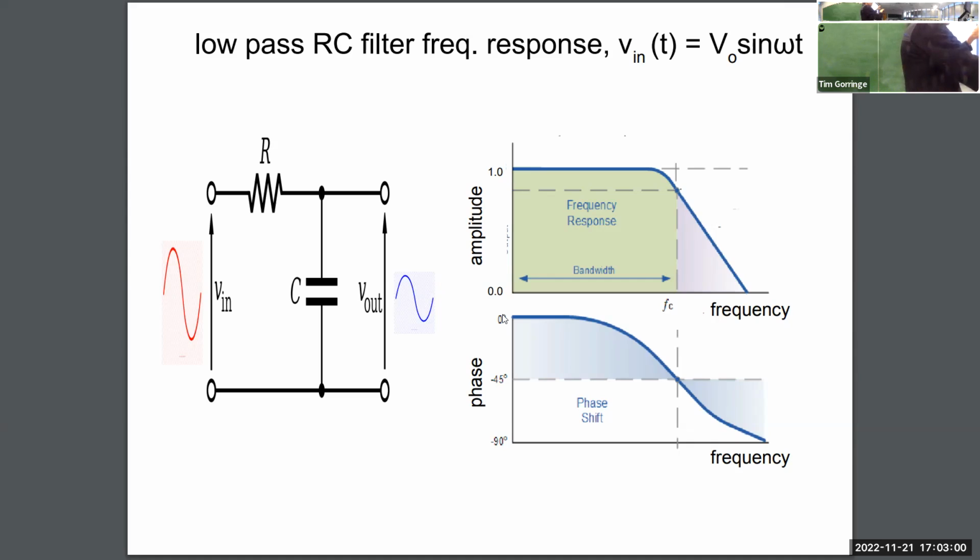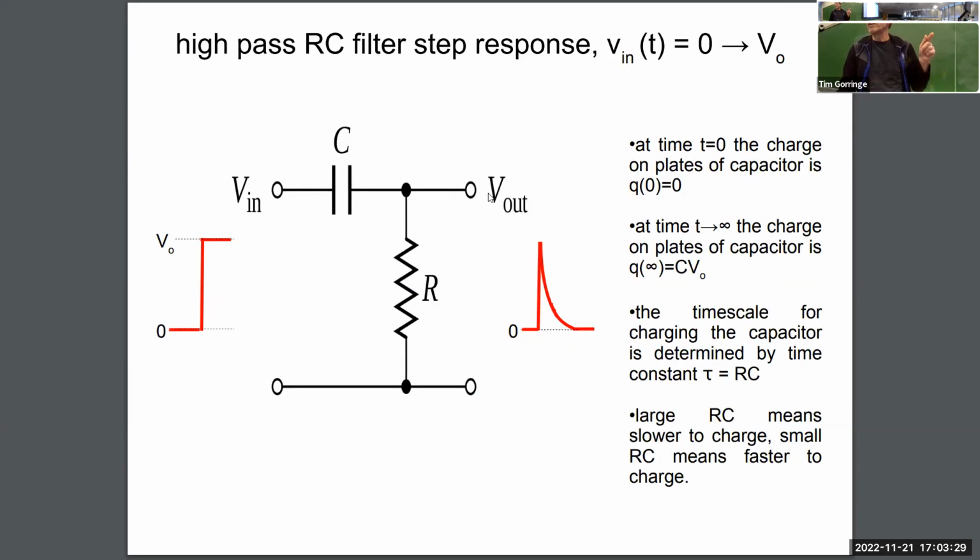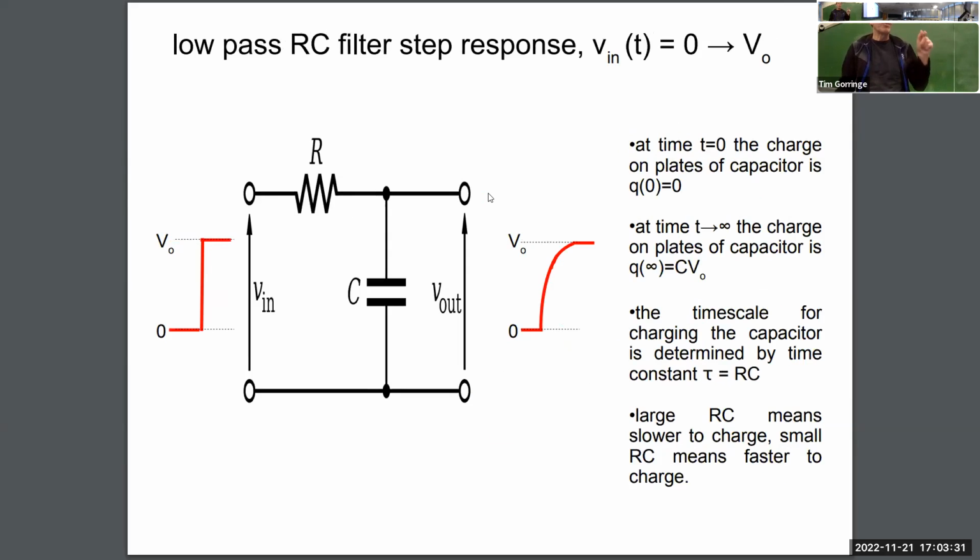Actually, the way we define the cutoff frequency is the frequency where the phase difference has become 90 degrees. So whenever the input is at a peak, you've got a node on the output. Whenever the input is at a node, you've got a peak or a trough on the output. So this is the picture of this RC low pass filter in the frequency domain, and it's equivalent to this picture of the low pass filter in the step function domain.